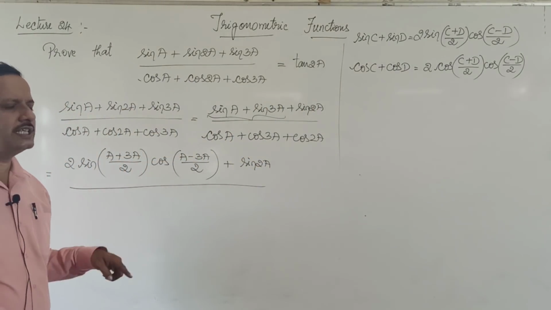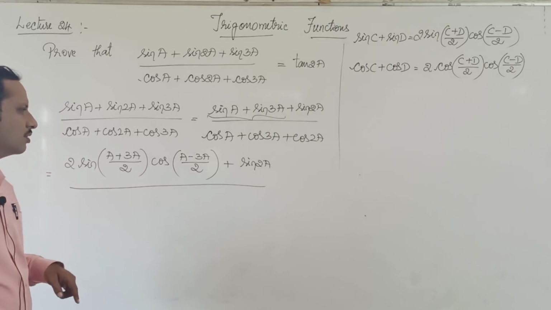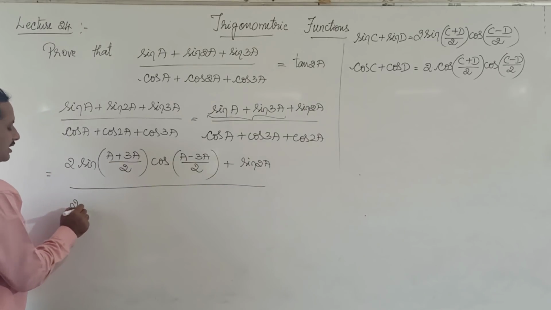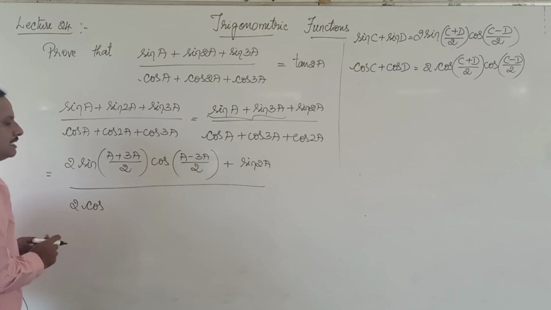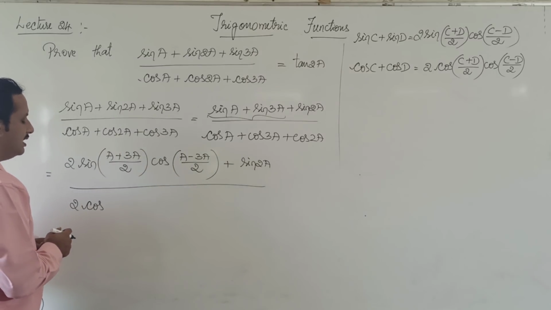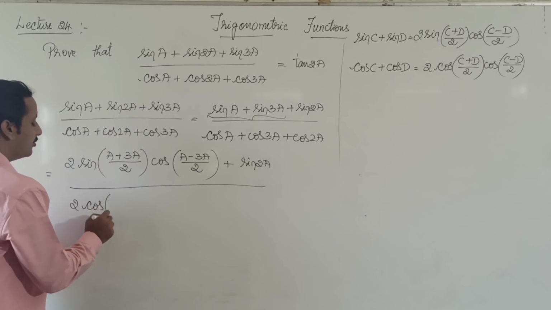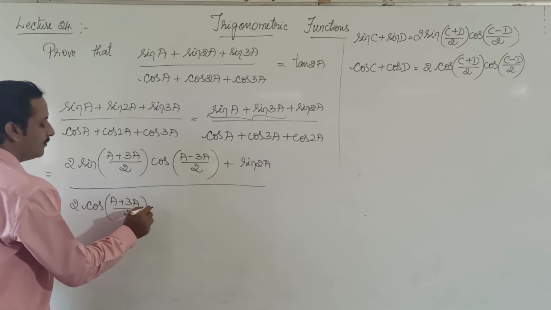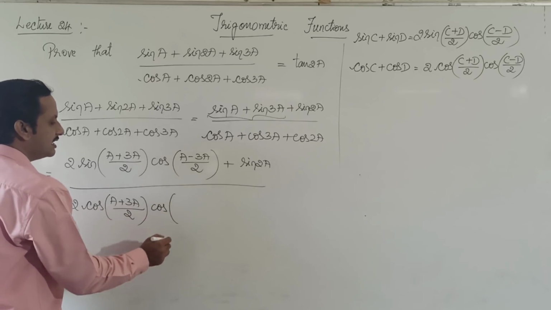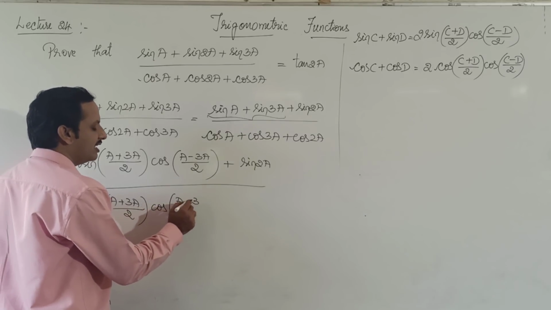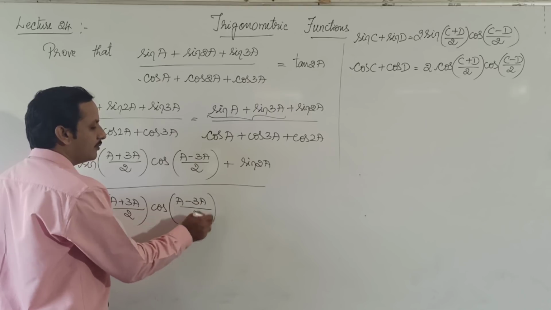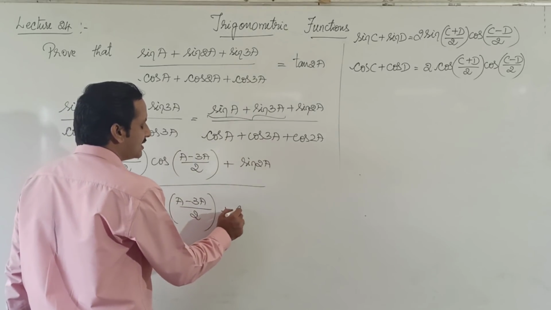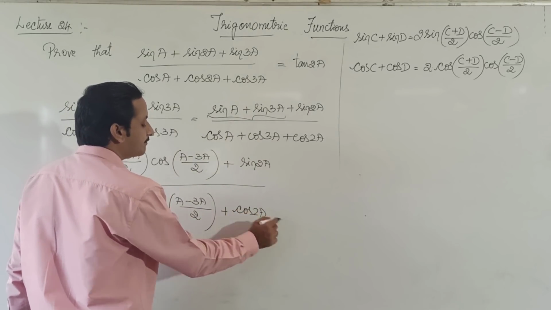So here you get 2 cos((A+3A)/2) into cos((A-3A)/2) + cos 2A.